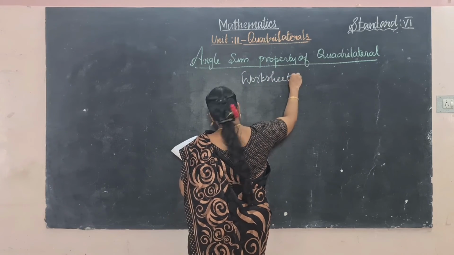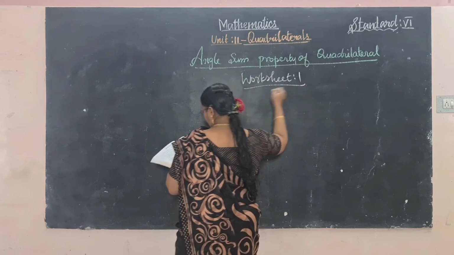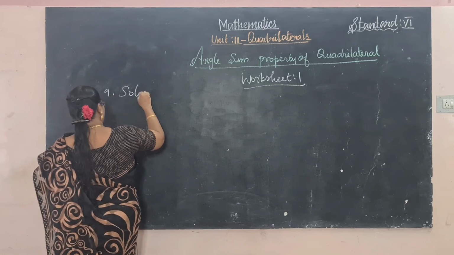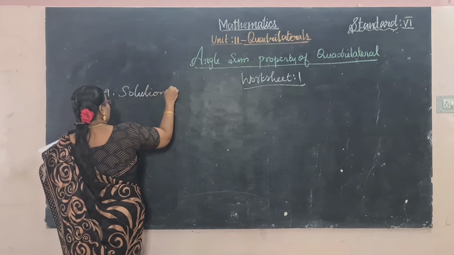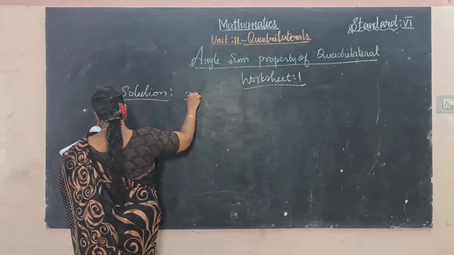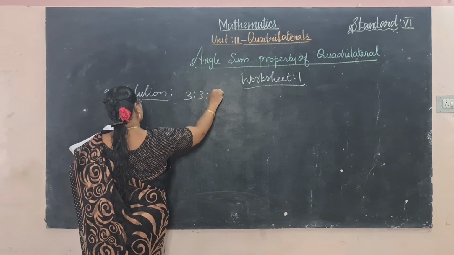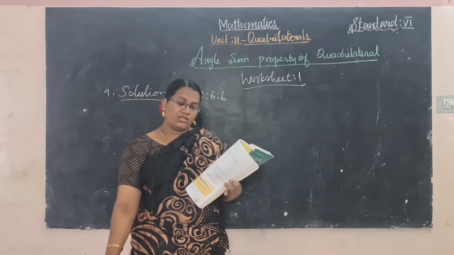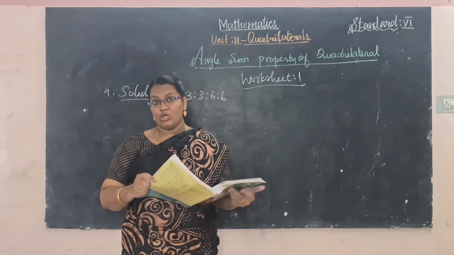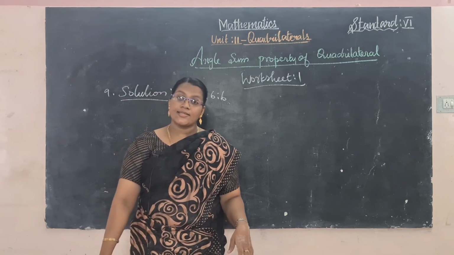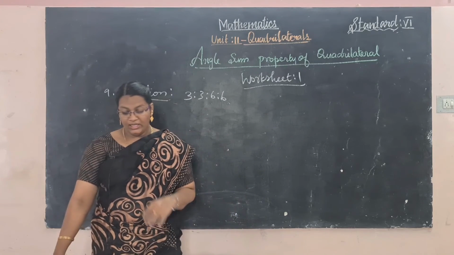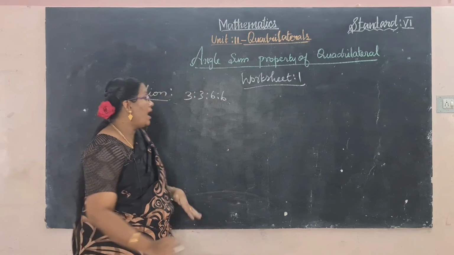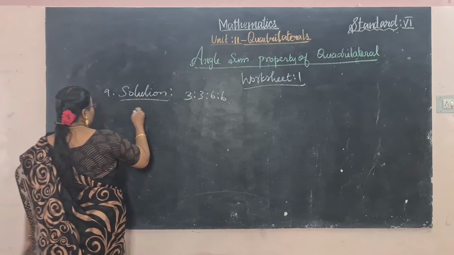Worksheet 1, 9th problem. The ratio is 3:3:6:6. What is the question? The angles of the quadrilateral are in the ratio 3:3:6:6. Find the measure of each angle.